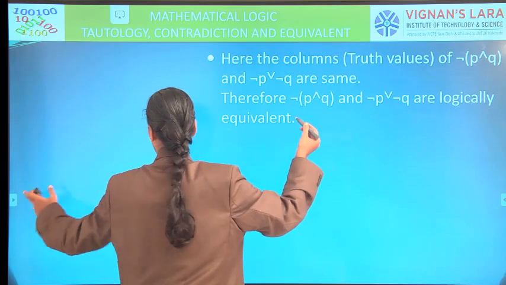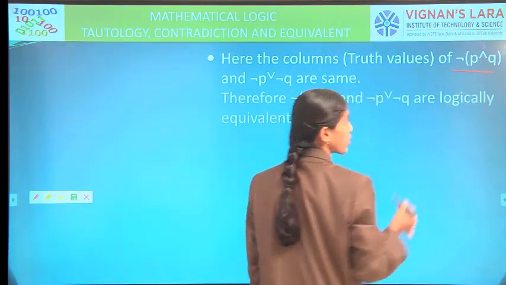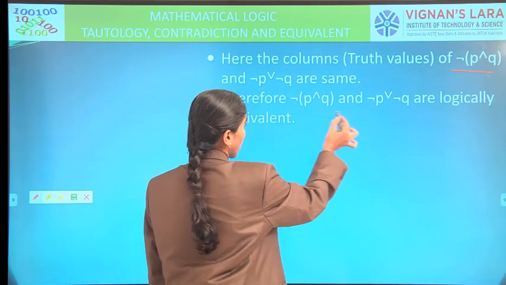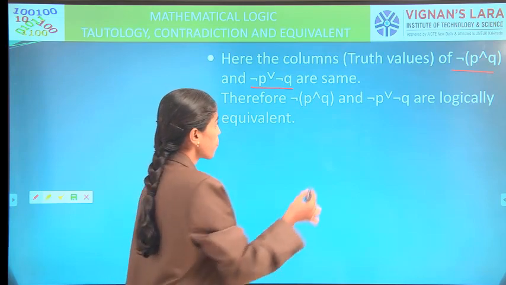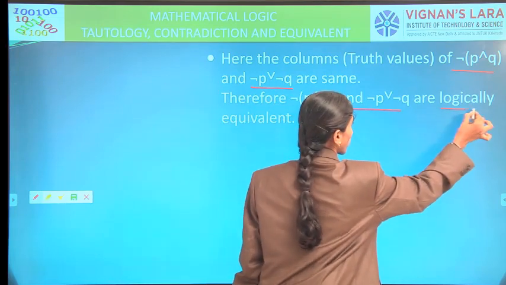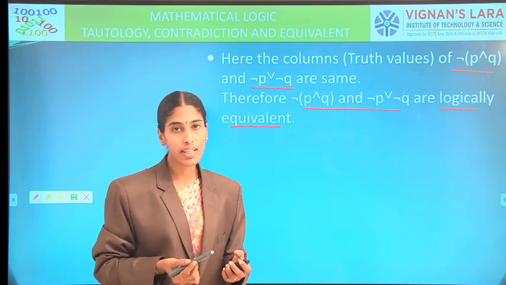So, here the columns of truth tables, the truth values of negation of P and Q and negation P or negation Q, are the same. Therefore, the given two propositions are logically equivalent. What do we mean by logically equivalent?